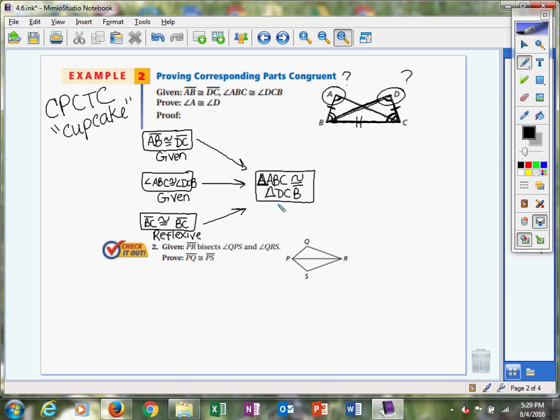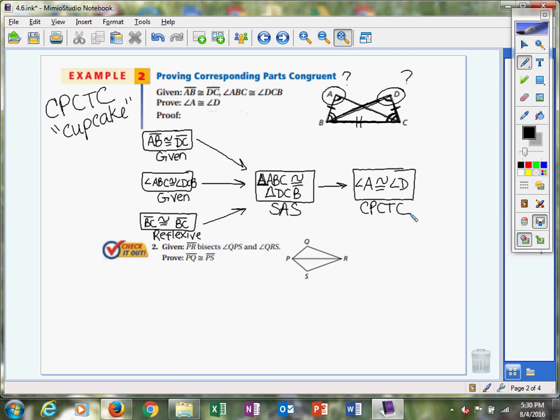The way we can say that is side angle side. Because we've proven that, this leads us to the next conclusion: angles A and D are congruent because of cupcake.